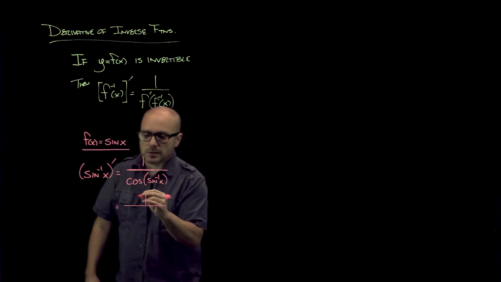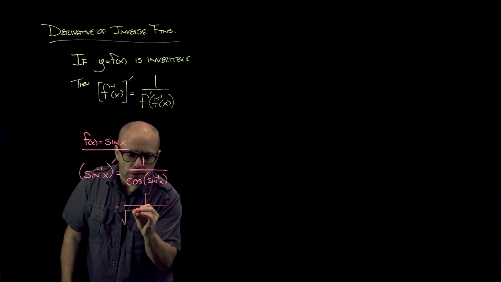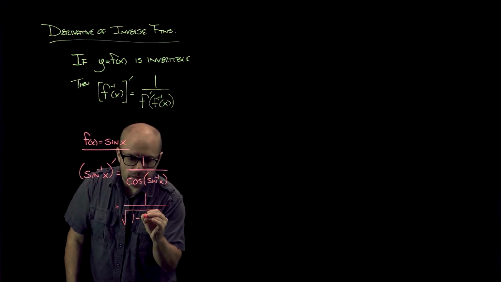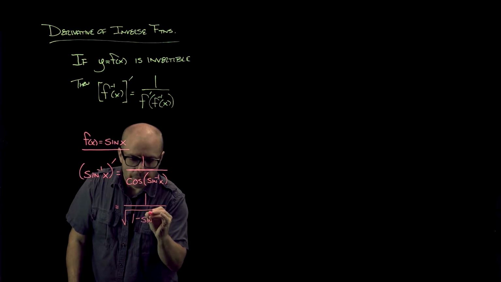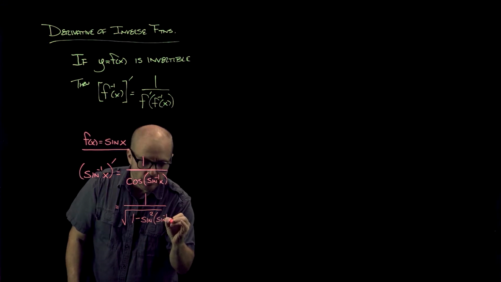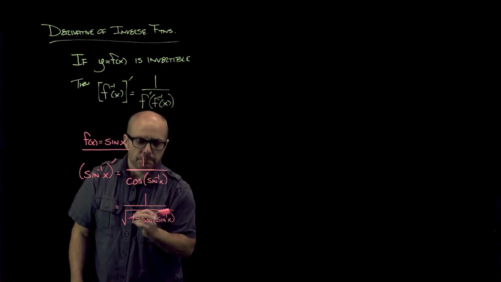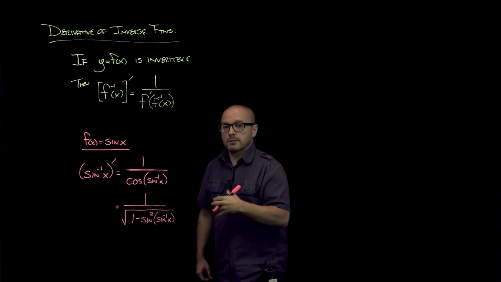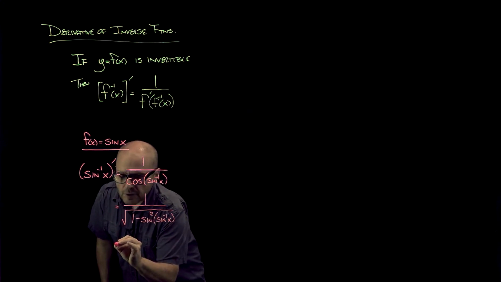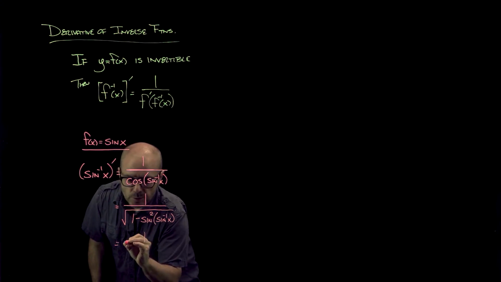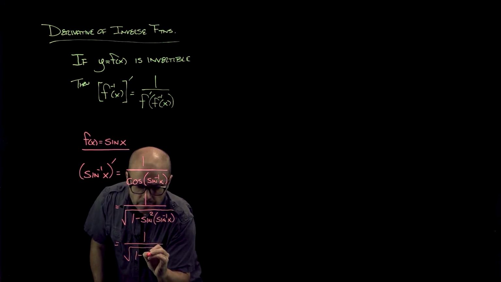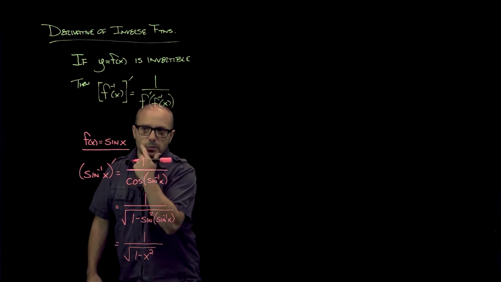So cosine would be, if we solve that for cosine, the square root of 1 minus sine squared of sine inverse of x, just using the fact that cosine squared is 1 minus sine squared. And then now that these are a function and its inverse composed, that's just going to reduce down to square root of 1 minus x squared.